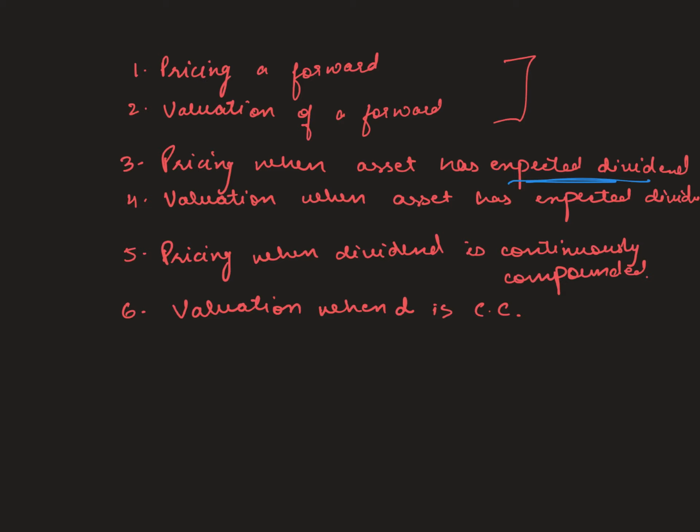Then we'll move to something like indexes where you will have a continuously compounded dividend that is going to come. For example, for S&P 500 you're going to have 500 companies inside your asset, and numerous expected dividends, so it's not really possible to discount each of them forward and backward, which is why we take one number, let's say 1.8% is my dividend rate, which is to be continuously compounded.